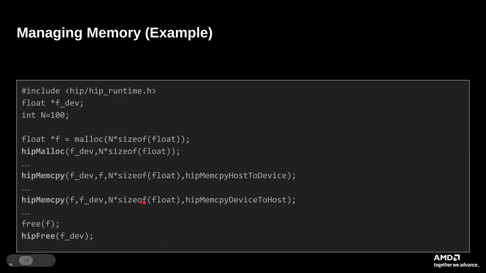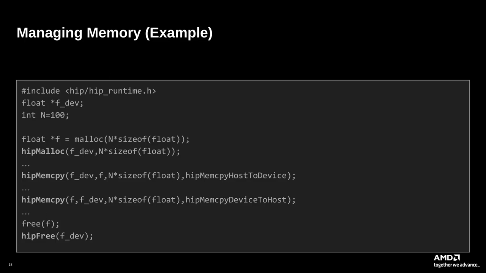We still have the same size, the same amount of data that we want to copy back. And in this case, we use the enumerator hipMemcpyDeviceToHost. And then, of course, at the end of the code, to keep memory tidy, we'll free the f pointer as well as fdev, the device pointer.